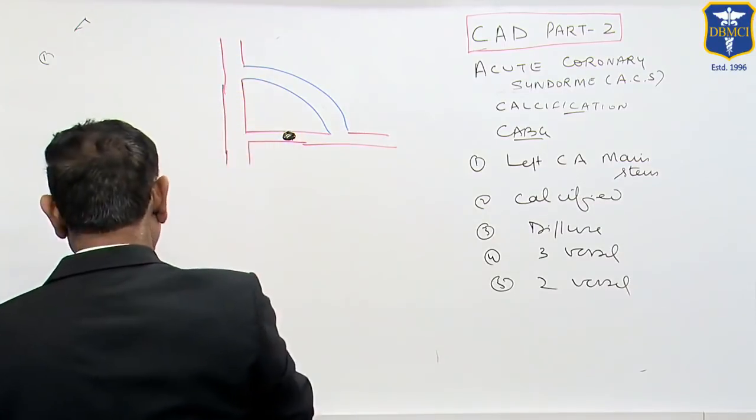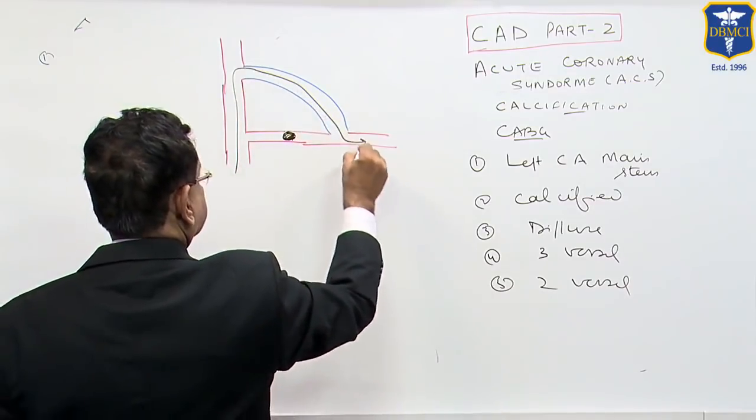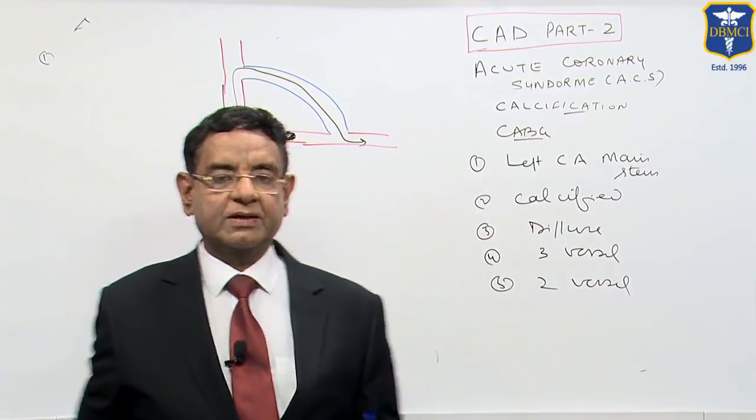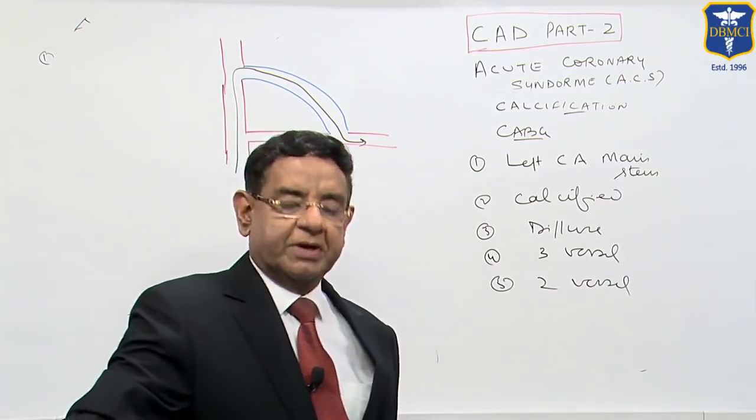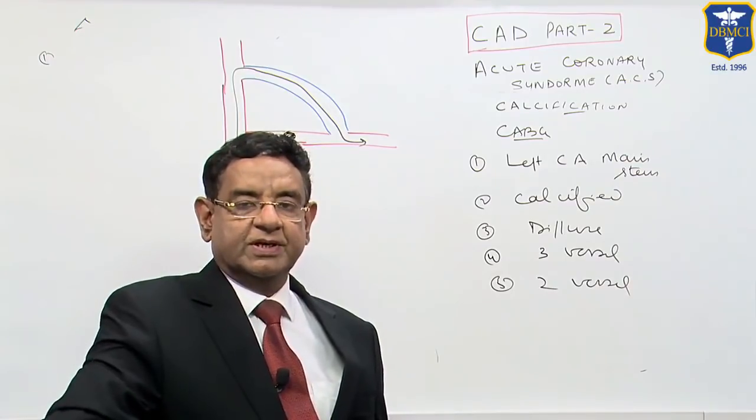So now the blood will go like this. This is a simple diagrammatic representation of coronary artery bypass surgery.